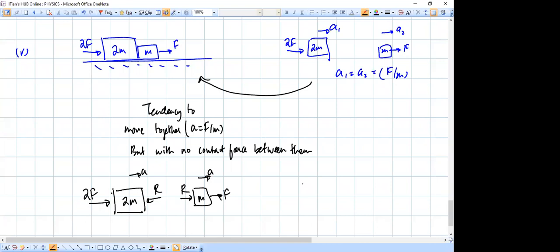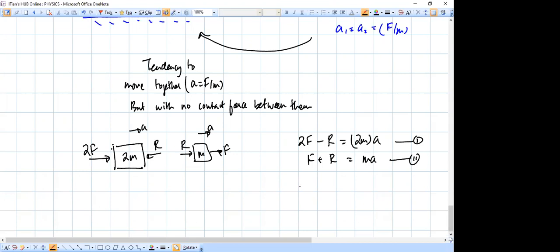Okay, so for the first block you have 2F minus R is equal to its mass 2m into A. For the second block we have F plus R is equal to its mass m into A. So if you solve these two equations, you will get the solution set that A is equal to F by m and R is equal to 0.